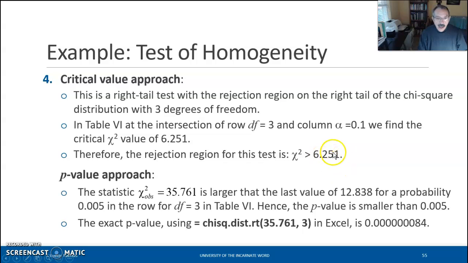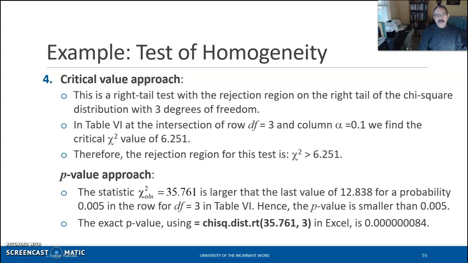If you are asked to use a p-value approach, then you use the calculated value of the test statistic, 35.761, and you look at the row for 3 degrees of freedom on table 6 and see where that value is with respect to the values listed on that row.